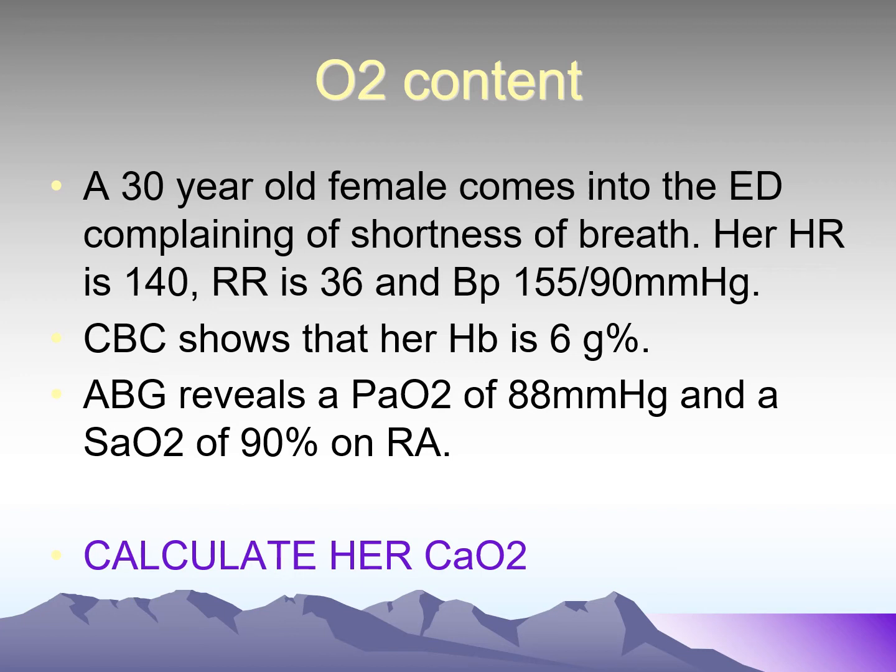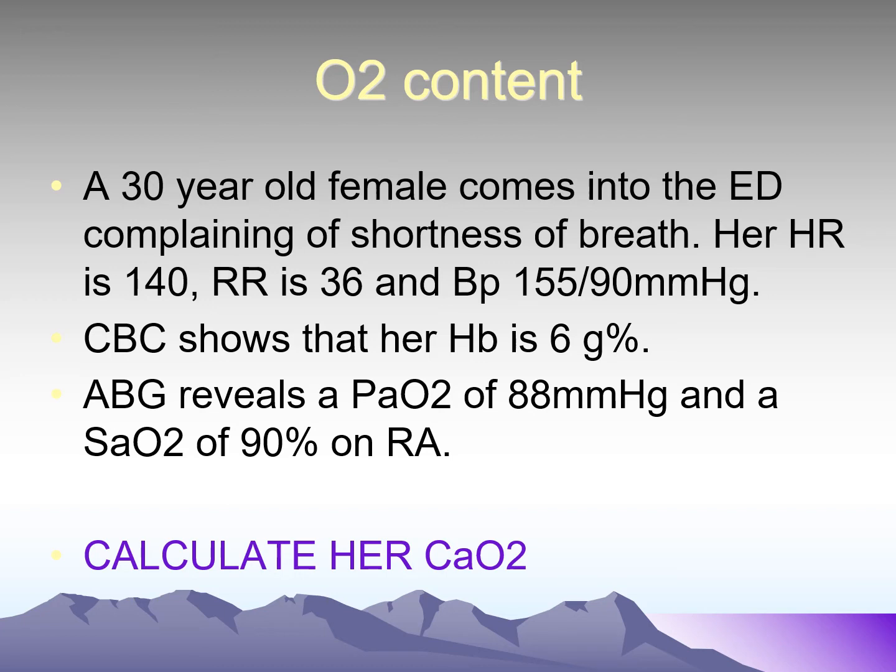Okay, so if you calculate her CaO2, I'll give you a few minutes to do that. So I'm going to put you on pause so that you can do that. I'll walk you through it a little bit.